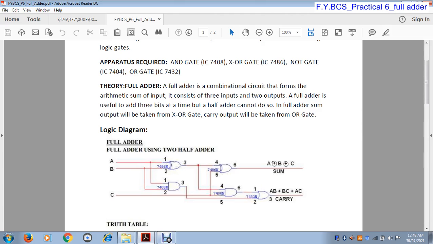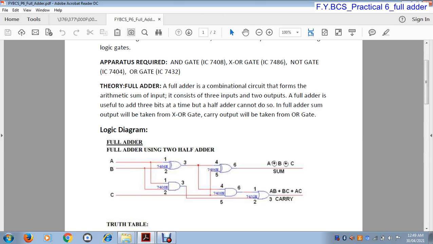If the addition of these 2-bit numbers generates a carry, then the half adder is not capable of adding the carry input. Half adder cannot add carry inputs.